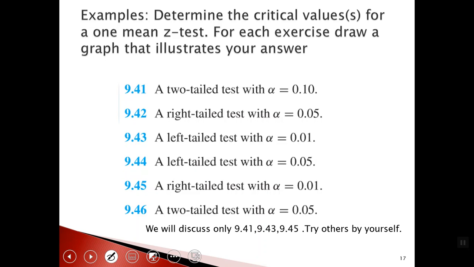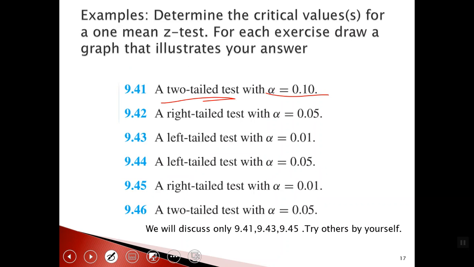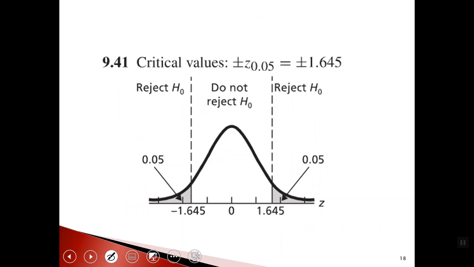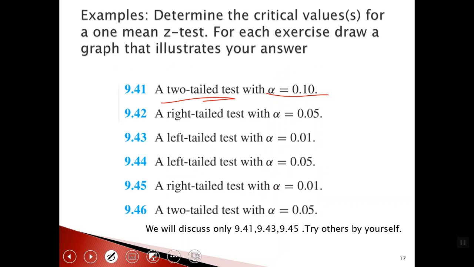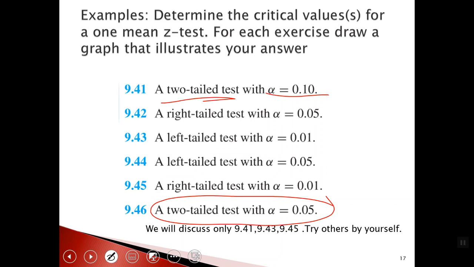I'll do a few. A two tail test with alpha 0.1. This is your alpha value. We need to do a two tail test. Let me do a two tail test with alpha 0.05. I'll do that one.